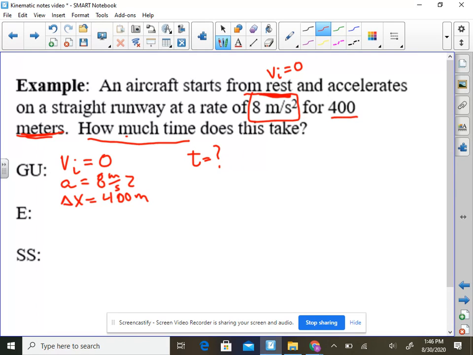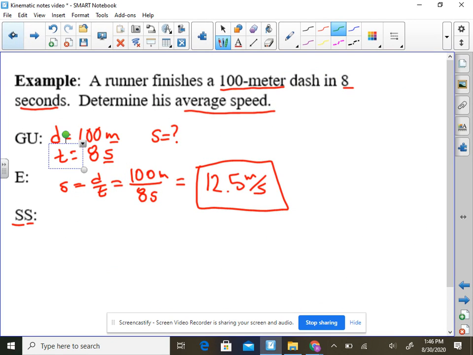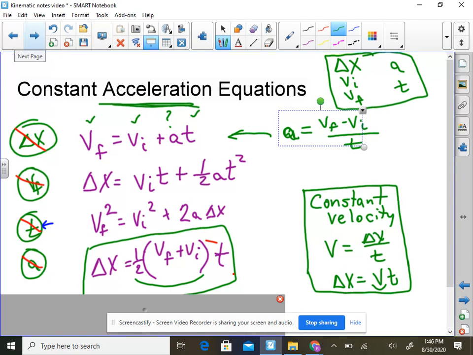And so if we look at that, the thing we don't know or care about is the final velocity. So if I go back to look at those equations, which equation does not have or care about final velocity? If we look at this one, I know the displacement, I know the initial velocity, I know the time, and I know the acceleration. So this equation is the one I want to use.